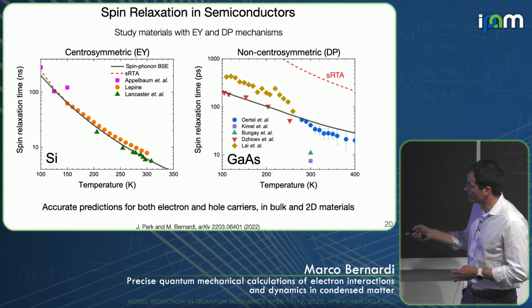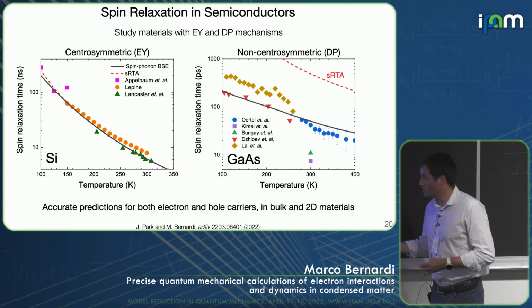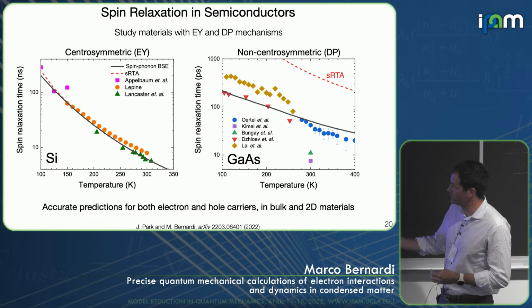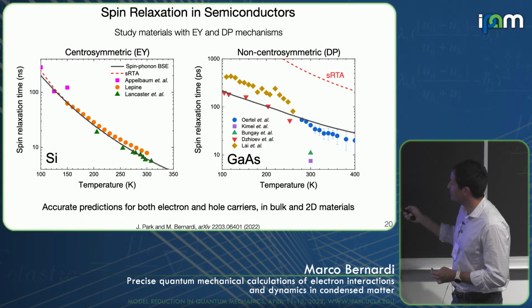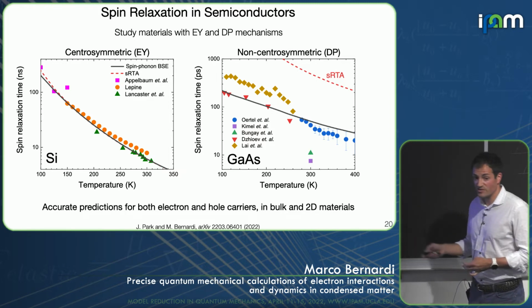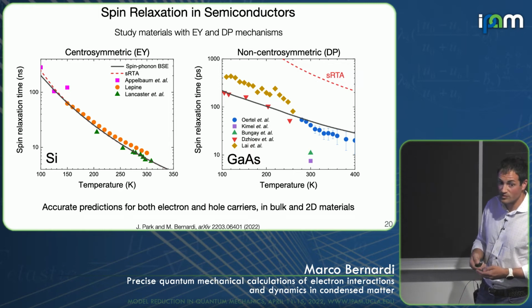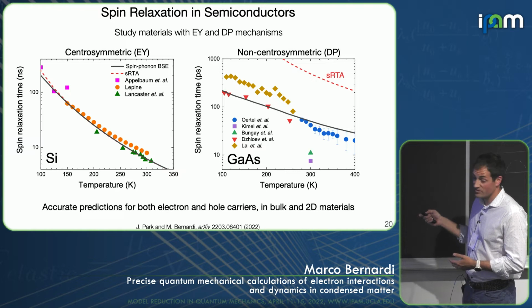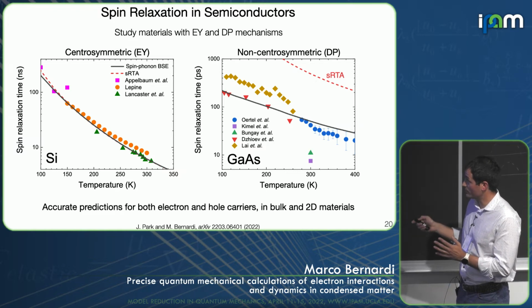So now, for example, you can study both systems like silicon, where the Elliott-Yafet mechanism is dominant and the spin-phonon BSE is still accurate here. But you can also study materials like gallium arsenide, where precessional motion is very important because it's non-centrosymmetric. In this case, the spin RTA is completely wrong.